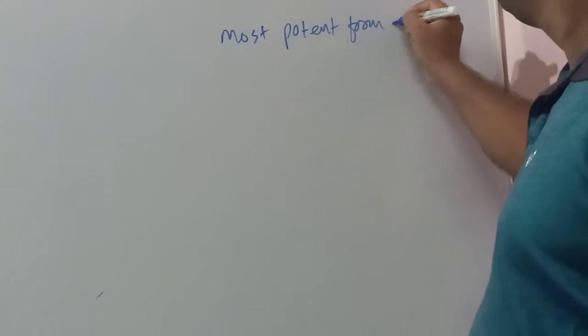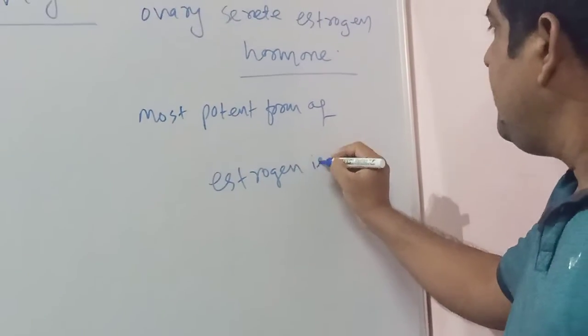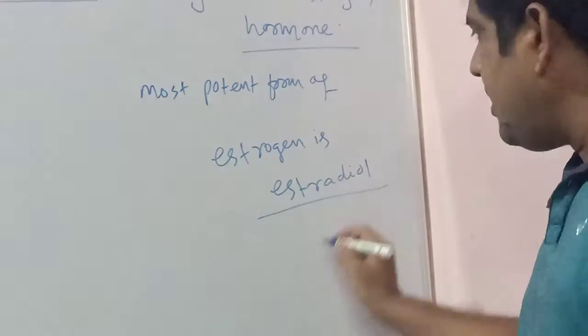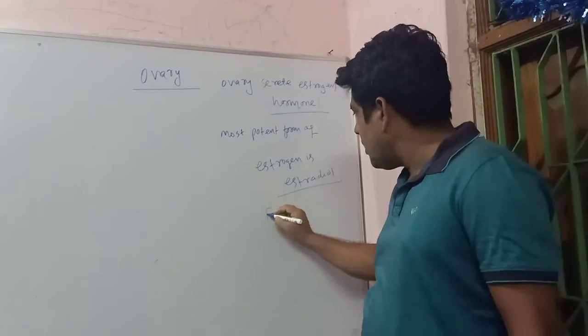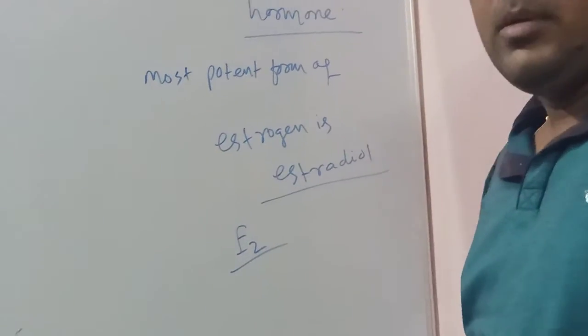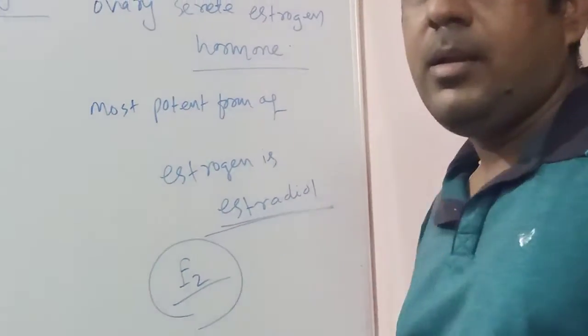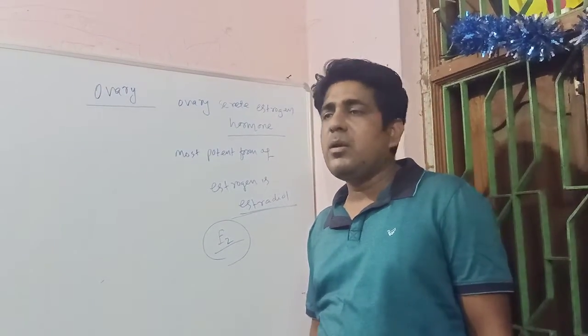The most potent form of estrogen is estradiol. Estradiol is the most potent form of estrogen. This is also called E2. Estradiol is responsible for the development of libido.